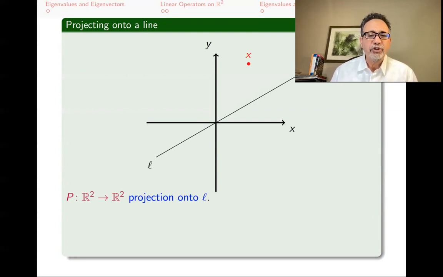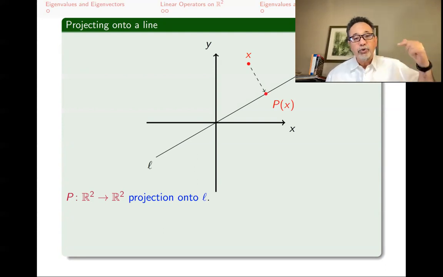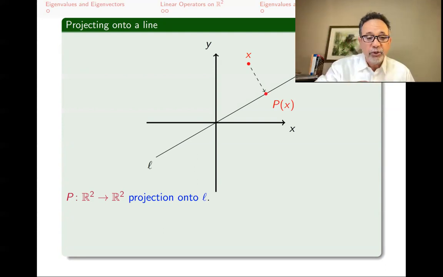So what does it do? If you pick a point X, where does it go? I'm thinking of it again as operating on the elements of R2, sending them somewhere else in R2. It gets projected perpendicularly to this line. So you draw a line from X perpendicular to the line L, and where it hits the line, that's where P of X is.